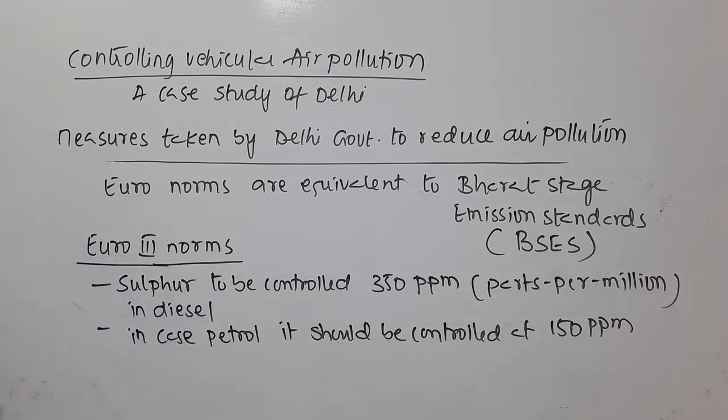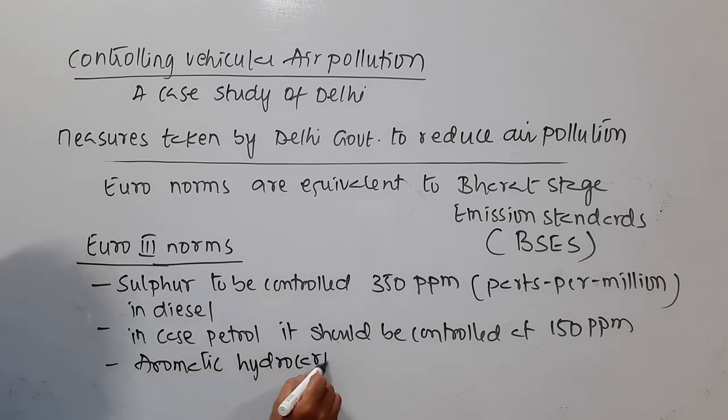One more point under these Euro 3 norms is that the aromatic hydrocarbons should be controlled at 42%.